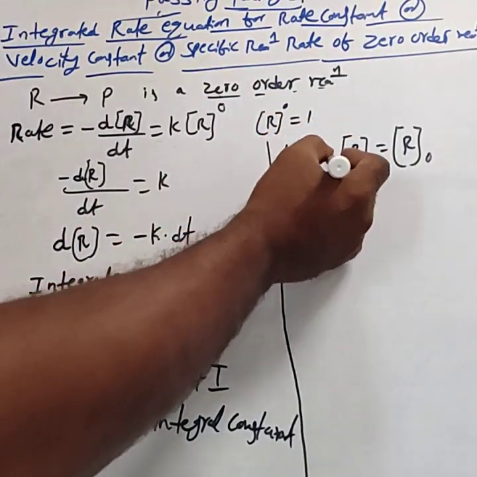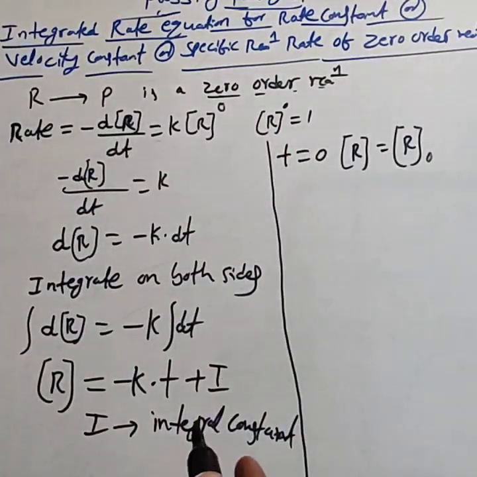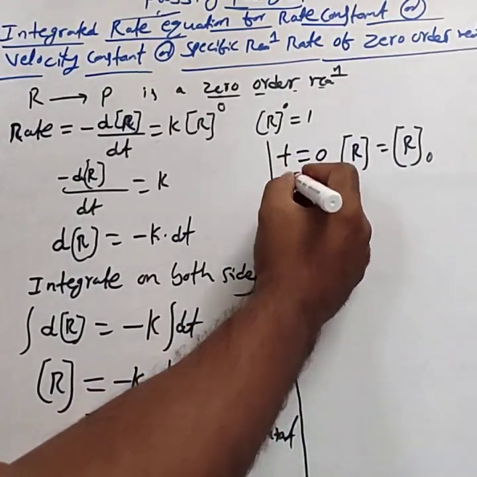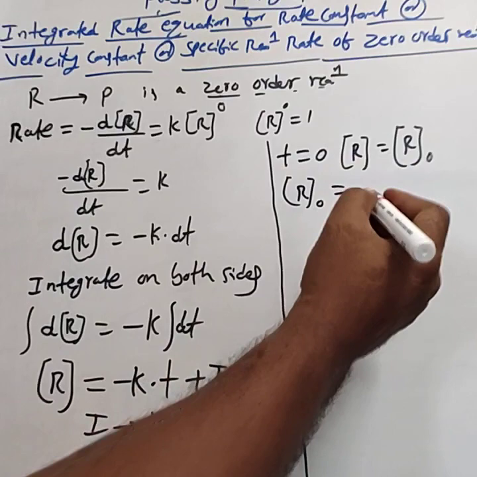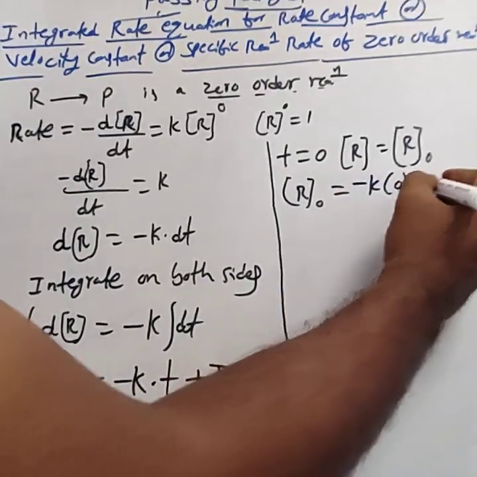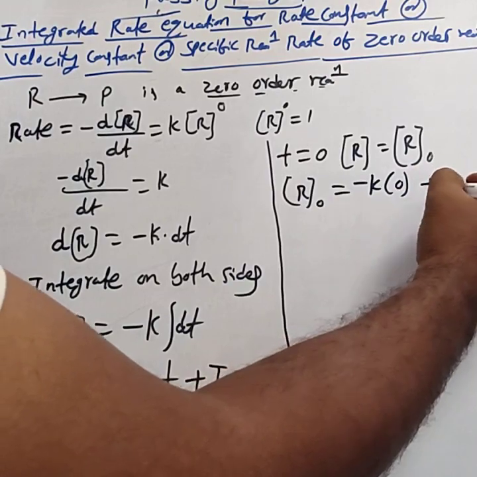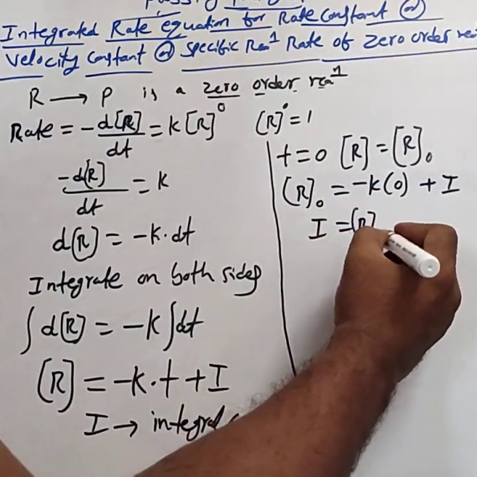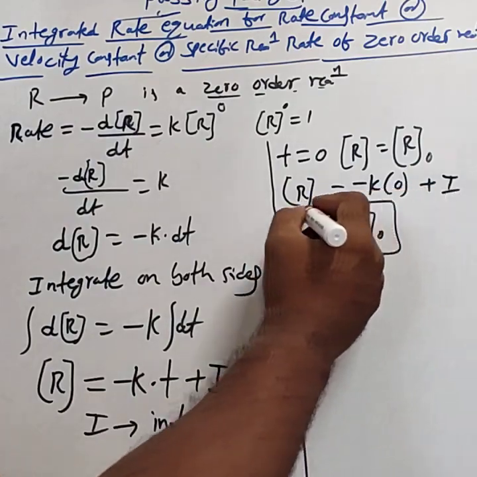When time is 0, R is equal to R naught. Substitute: R naught equals minus k into 0 plus I. Then I equals R naught.